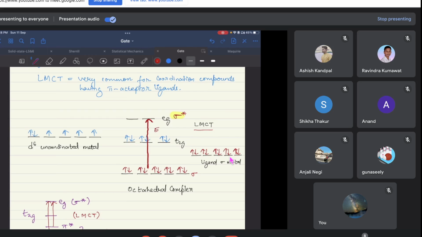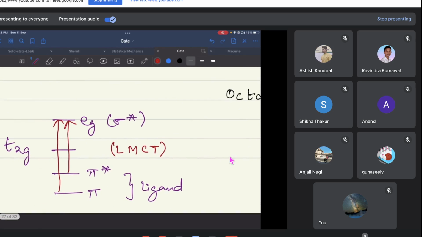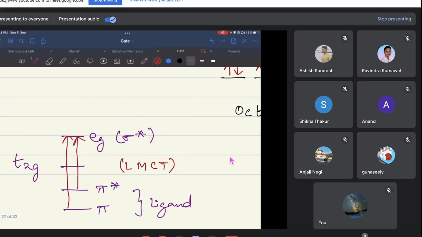The energy or wavelength associated with it will be observed as an absorption band. Here you can look into this figure, where the t2g and eg come from the metal, and my eg acts as a sigma antibonding here.